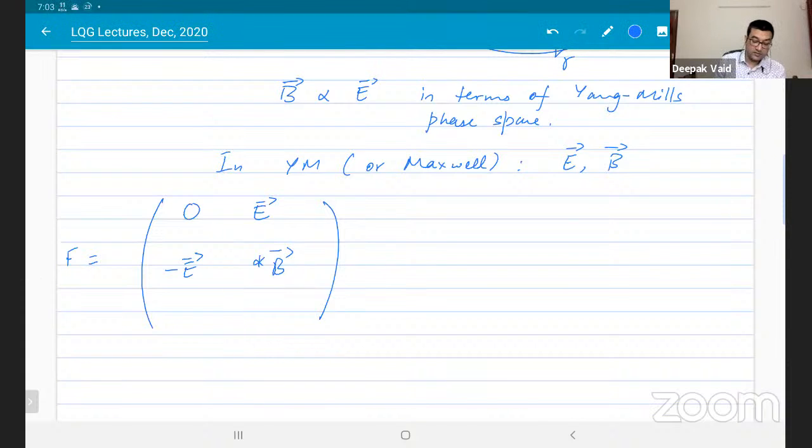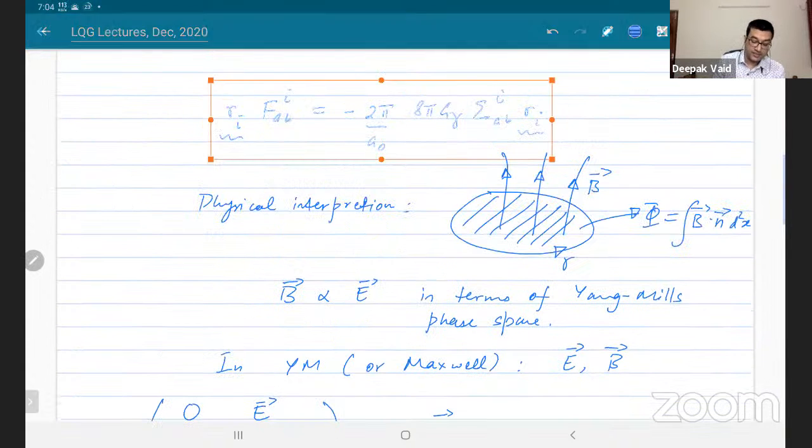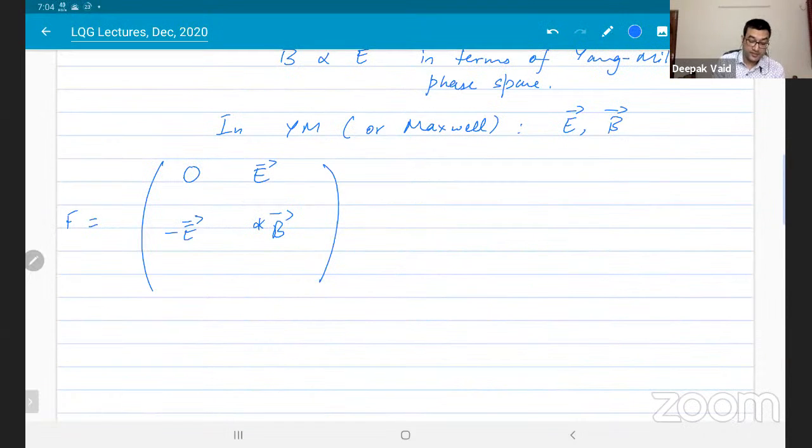So if you impose this condition, it is equivalent to saying that your magnetic field is proportional to your electric field. And in Yang-Mills, this condition is often written in terms of these variables as E plus iB and E minus iB. These variables are often used when talking about Yang-Mills.